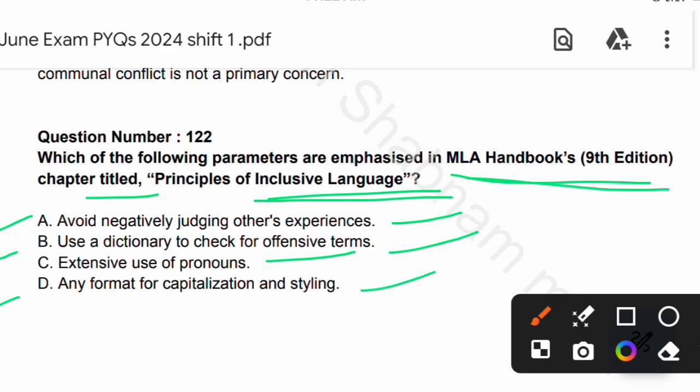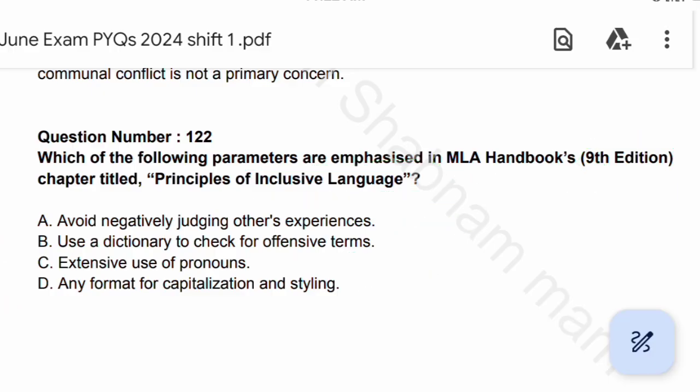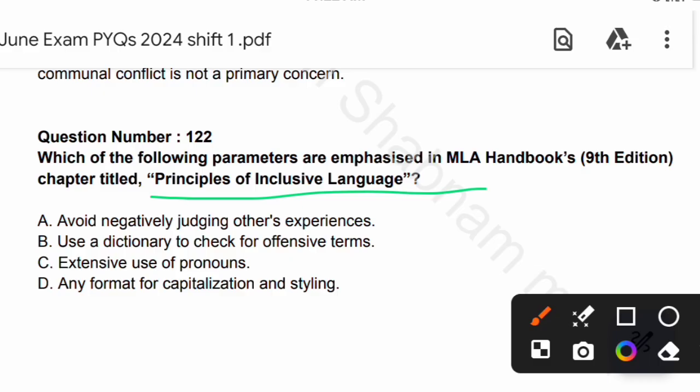You have to find out the parameters emphasized in the chapter titled Principles of Inclusive Language. MLA 9th edition, the current and the last one you have to prepare. This is how the question you will see.